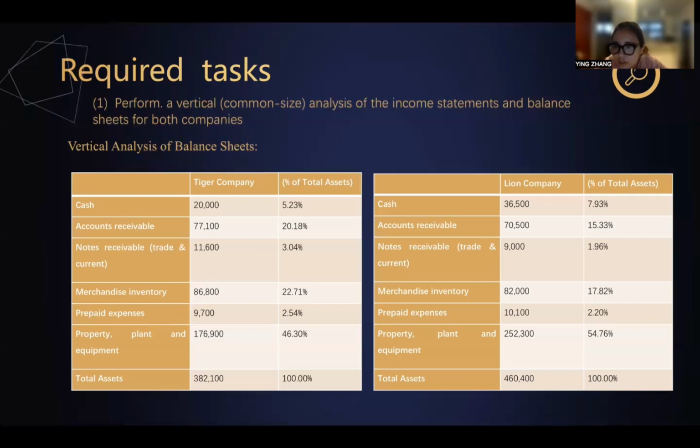These conclusions offer valuable information to assess the financial position and operational efficiency of the companies, serving as reference points for decision making by investors and stakeholders.